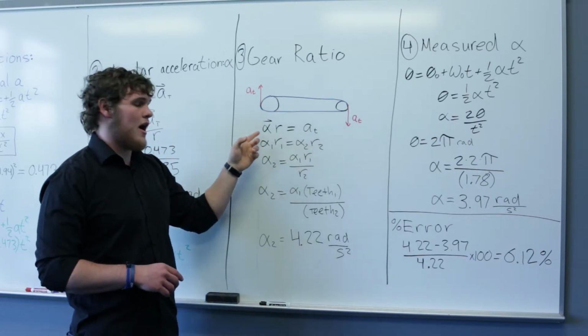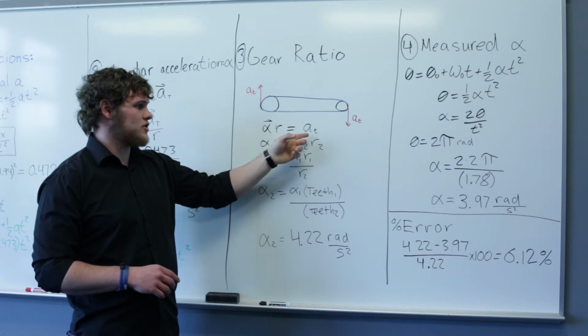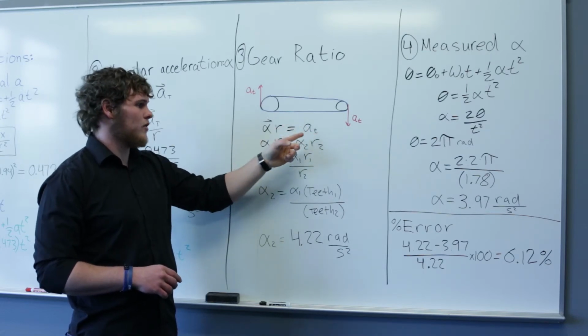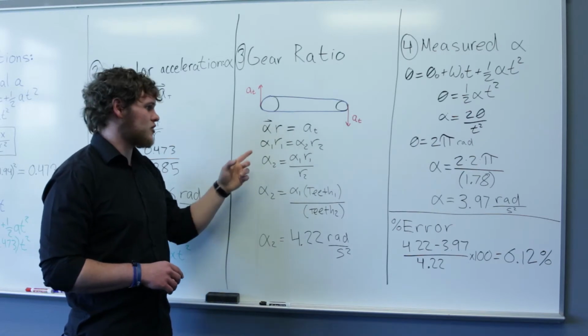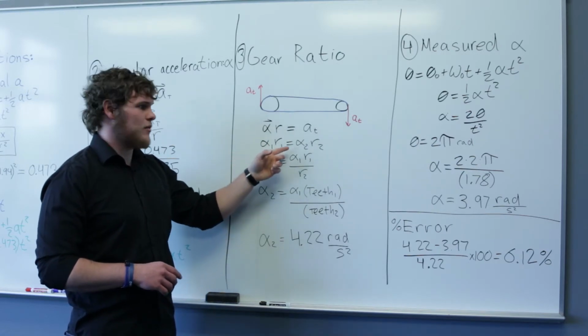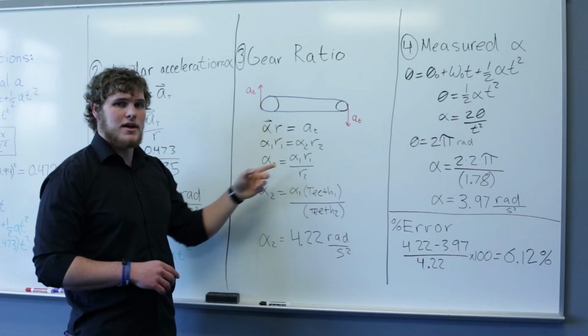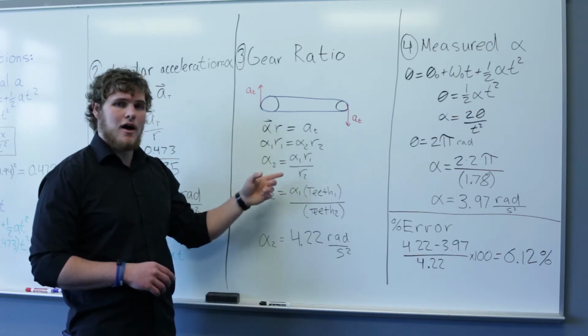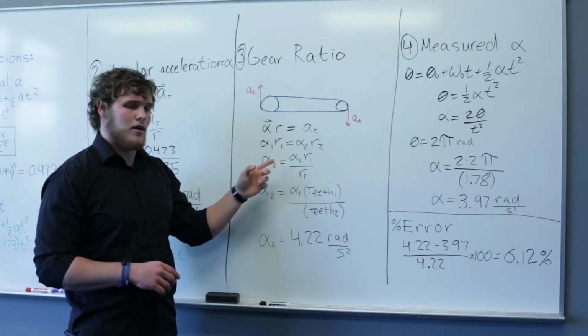Using the equation alpha r equals tangential acceleration, since the tangential accelerations are equal for both, we can write the equation alpha 1 r1 is equal to alpha 2 r2. We can solve that equation for alpha 2, saying alpha 2 is equal to alpha 1 r1 over r2.